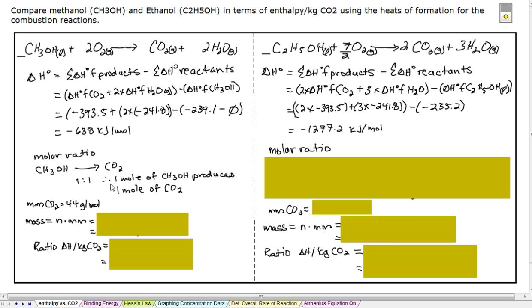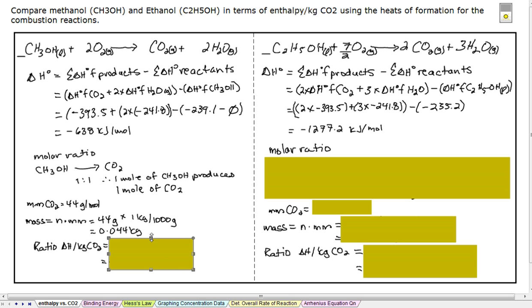Now that I know my number of moles, 1 mole, and my molar mass, I can figure out my mass. We have to make sure that we convert our mass to kilograms, because that's what the question is asking: enthalpy per kilogram CO2, not per gram. So 1 mole times 44 grams per mole gives me 44 grams. I multiply that by 1 kilogram over 1,000 grams to convert it, so I get 0.044 kilograms.